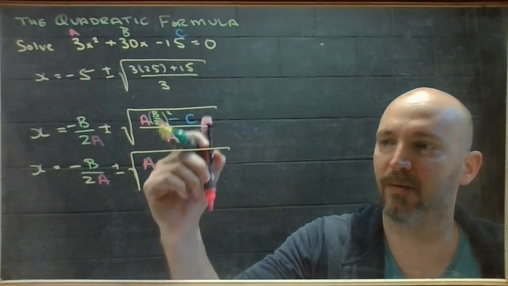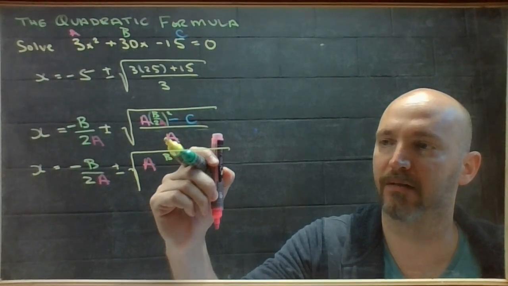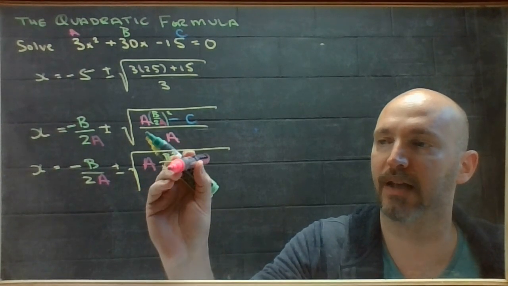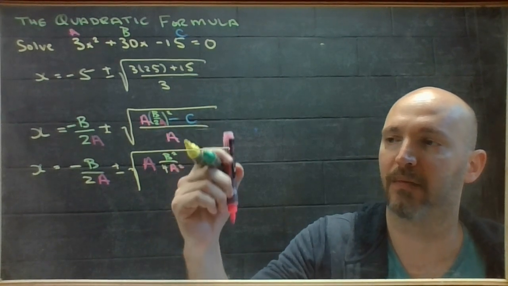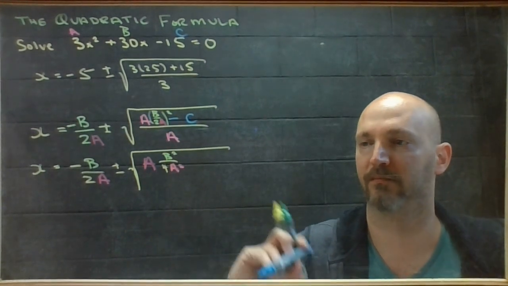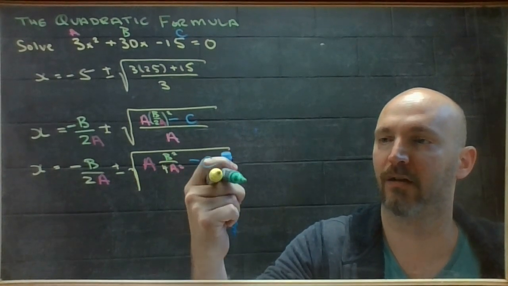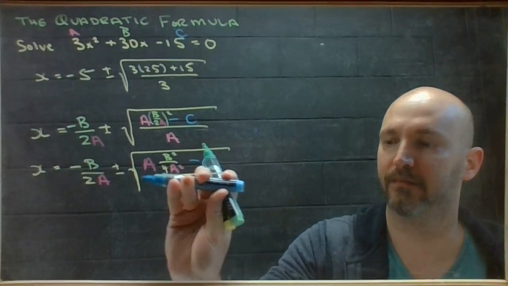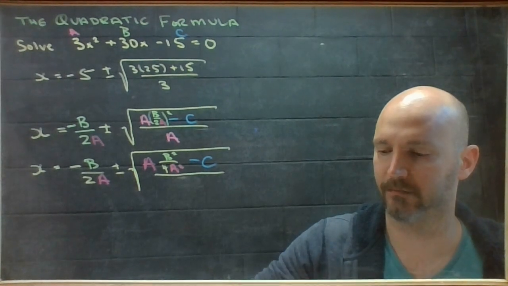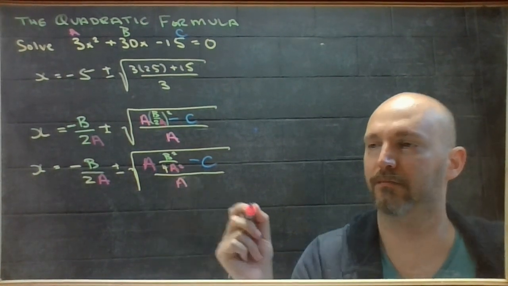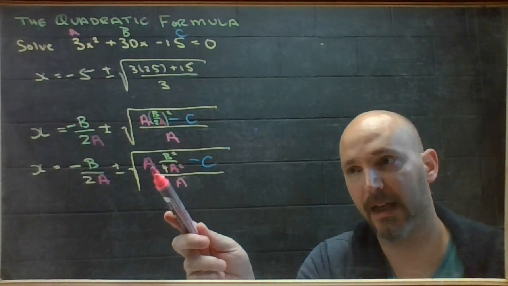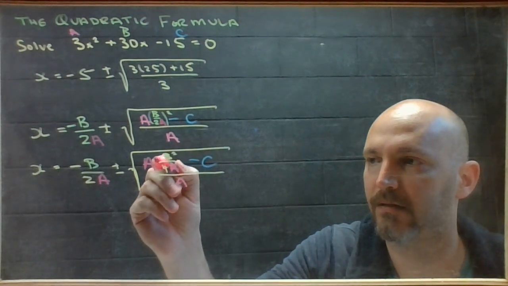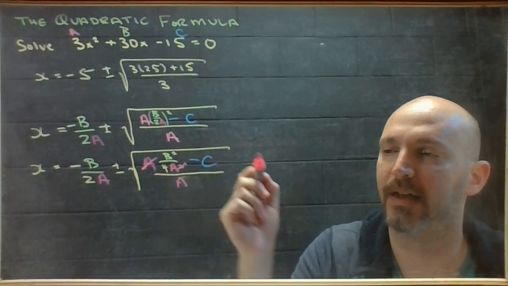Then I have b squared is b squared. 2a squared would be 4a squared, minus c, all over a. Okay, so I have an a multiplied by, divided by a squared. So this a is going to eliminate an a in the bottom.